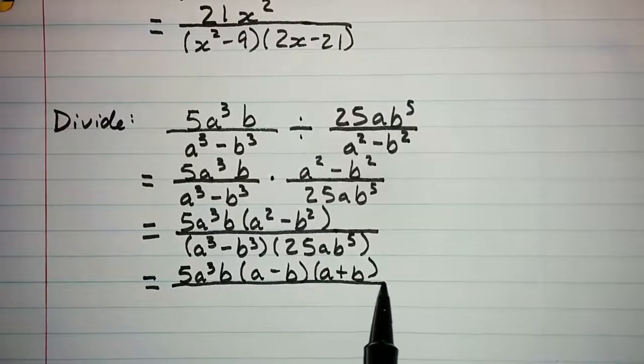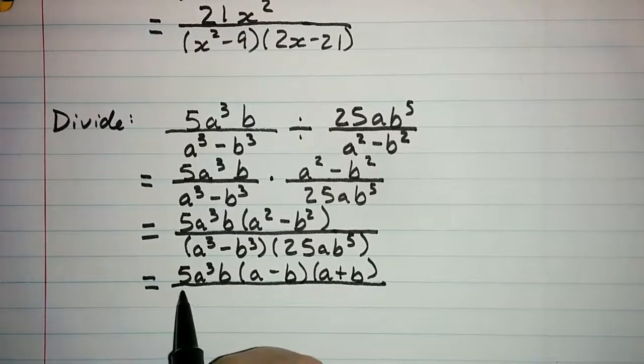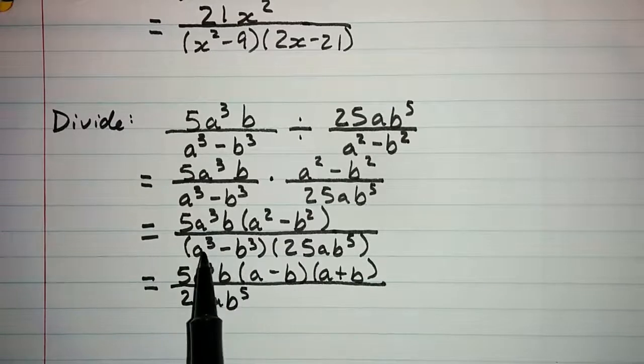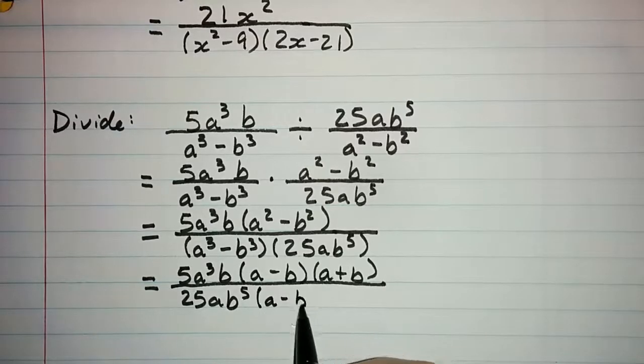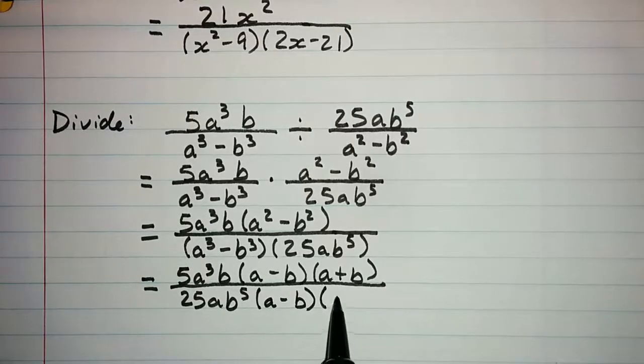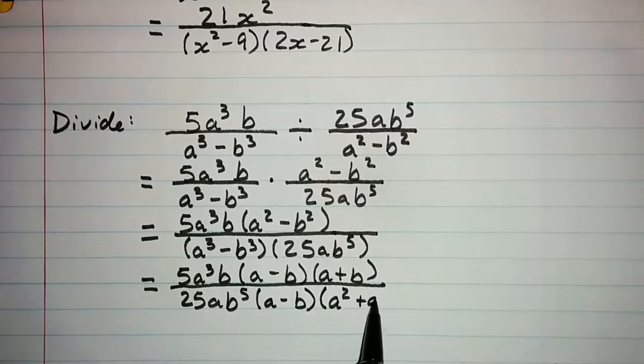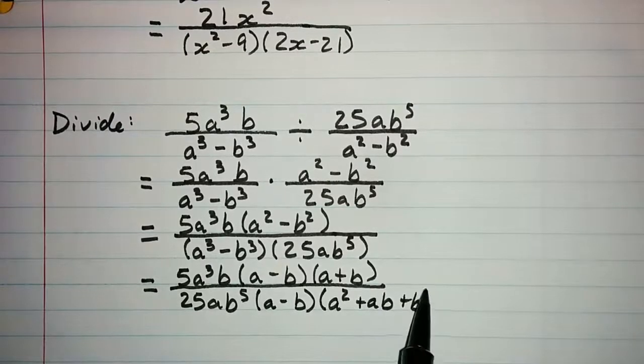My denominator, writing the monomial factor in front, has as its polynomial factor a difference of cubes, which will factor as a minus b times a squared plus ab plus b squared.